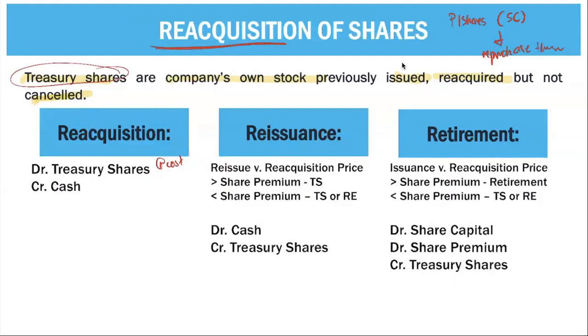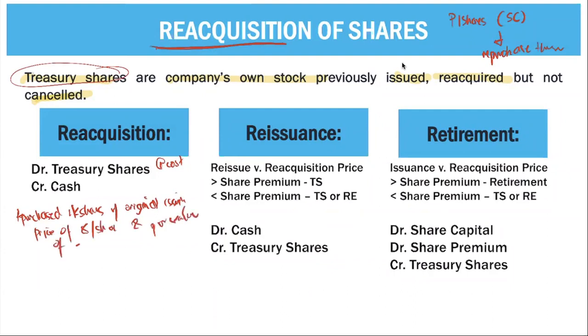So for example, we repurchase 2,000 shares with original issuance price of 8 per share and par value of 5 per share for 10 pesos each.